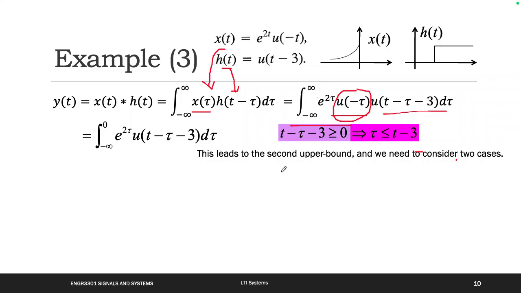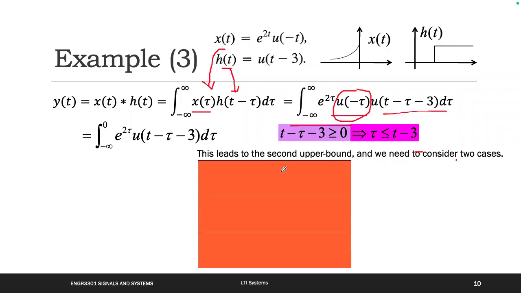So this leads to the second upper boundary, and we need to consider 2 cases, similar to the situations we met in the DT convolution sum. There are 2 different upper boundaries. We need to compare 0 and t minus 3. Which one is bigger? Which one is smaller?